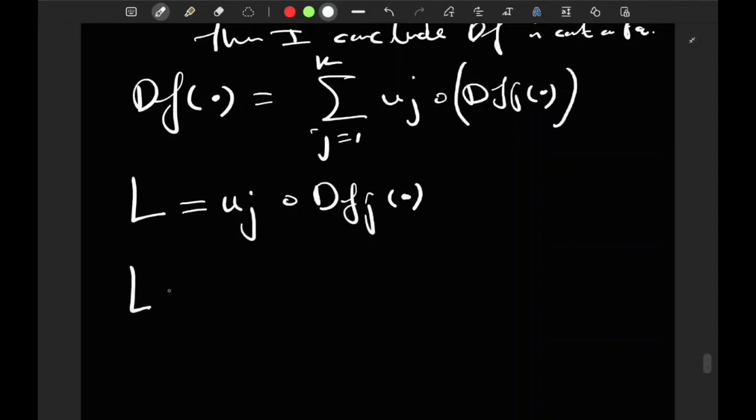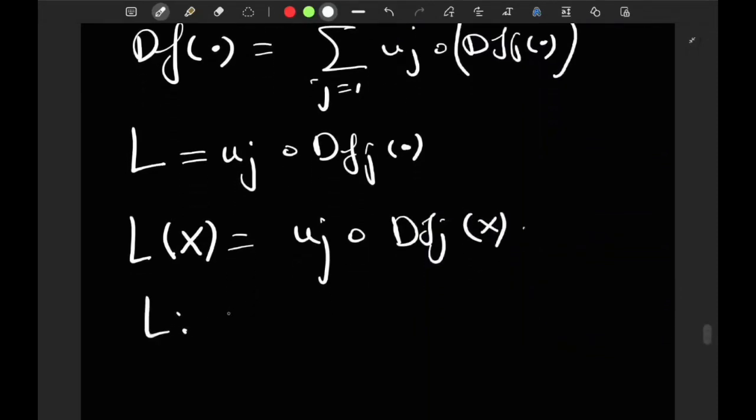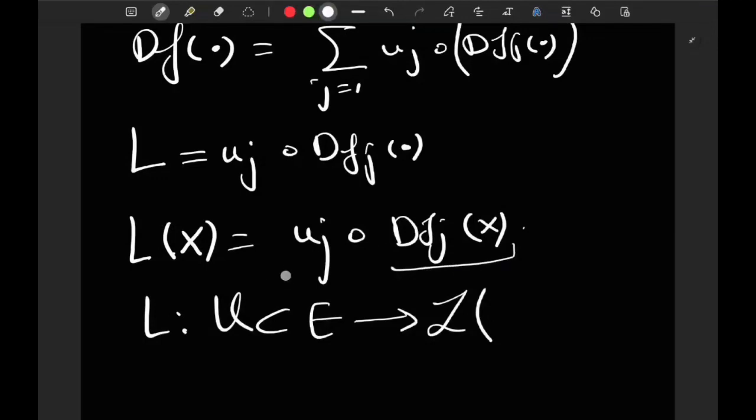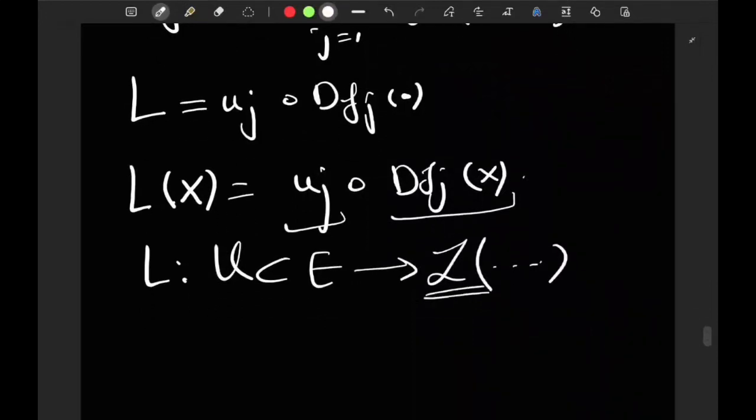Well, L of a certain point x is just uj composed with dfj at x. What's L doing? L is taking elements from U, where f is differentiable, which is inside E, and it's going into a certain space of linear maps. I'm not going to specify the space now, but both are linear continuous, so it's going into a space of linear continuous maps of a sort.